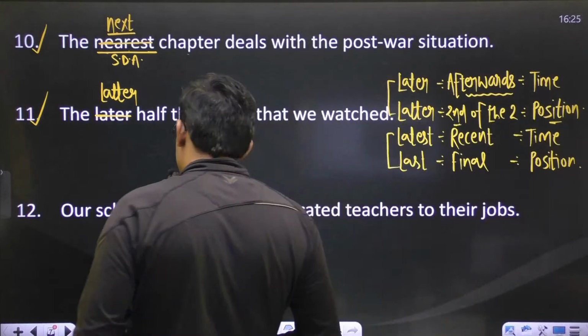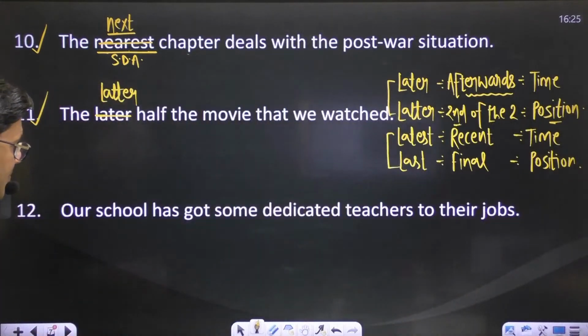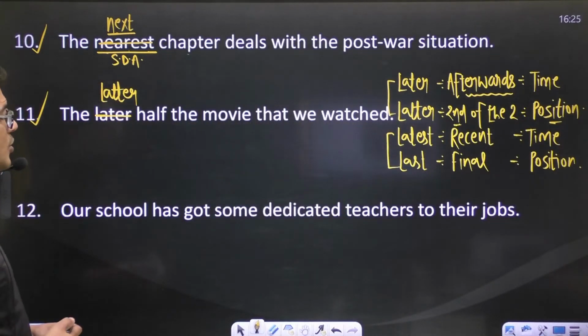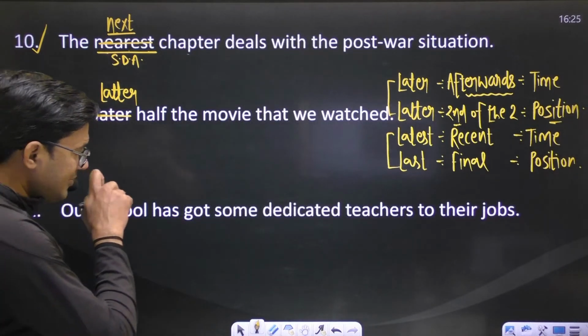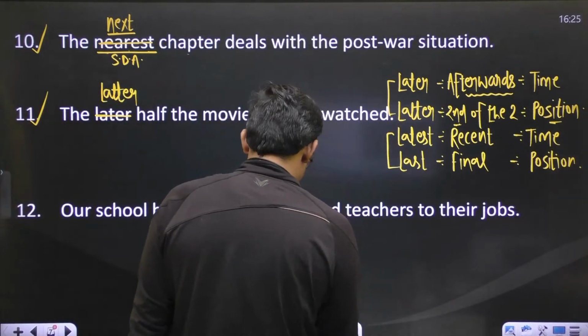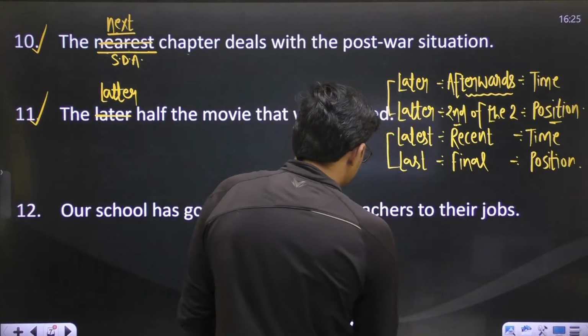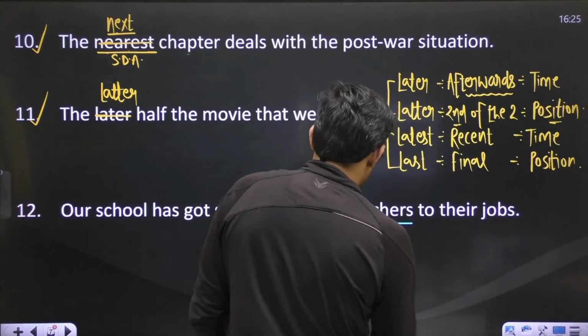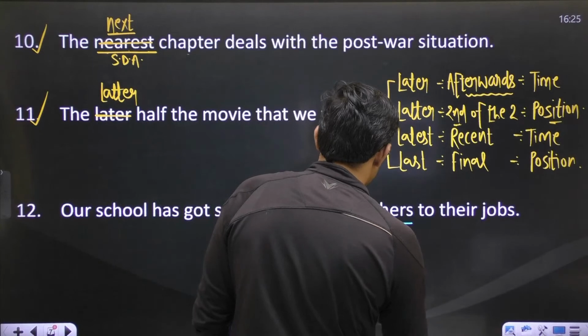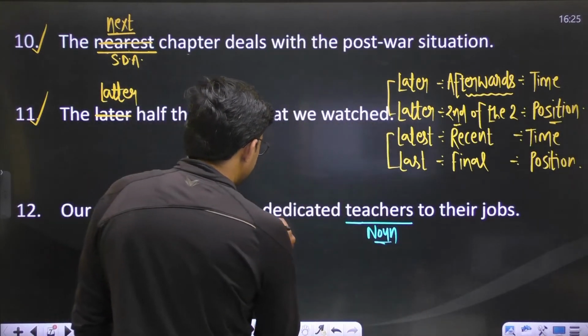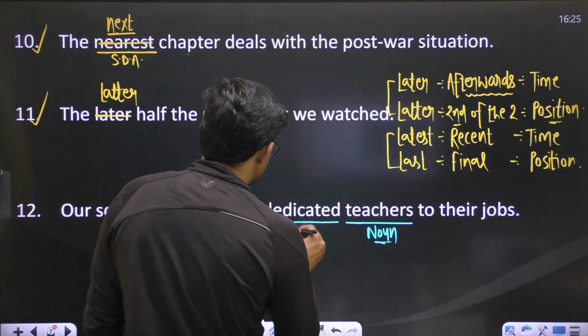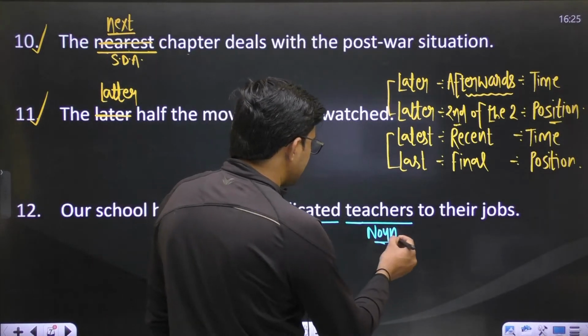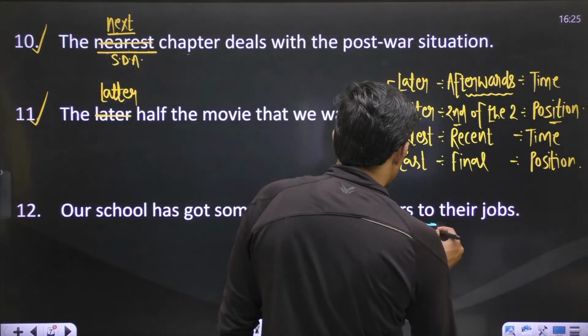Okay, our school has got some dedicated teachers to their jobs. This is a very interesting concept. The concept is, here we have a noun, teachers, right? Teachers is a noun. This word dedicated is an adjective, and after this noun you are getting a preposition "to".